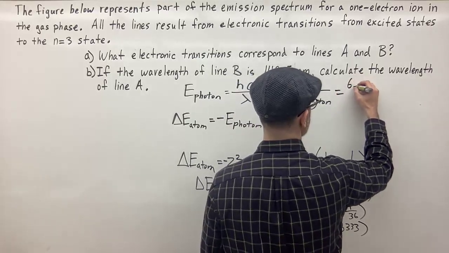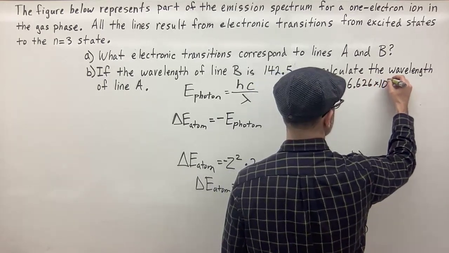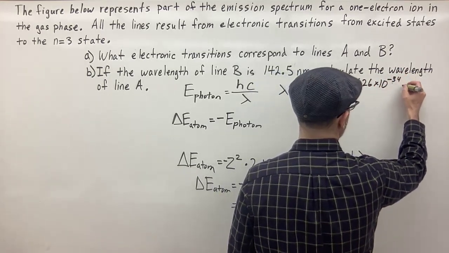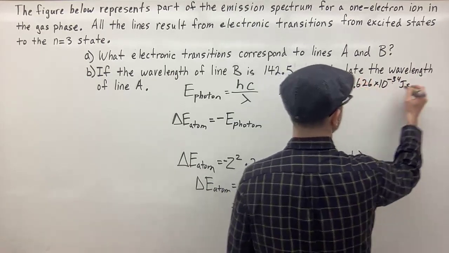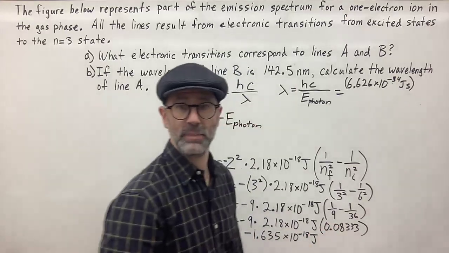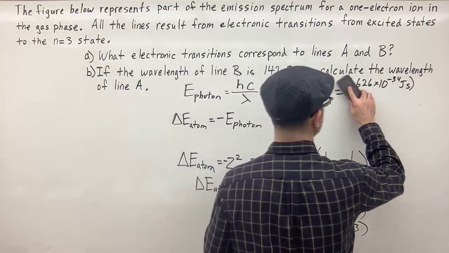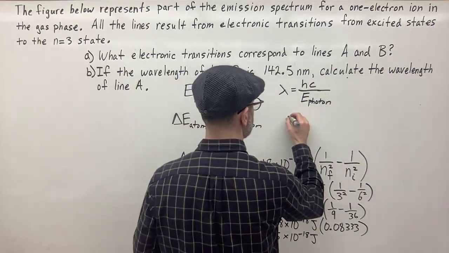So we're going to put in 6.626 times 10 to the negative 34, and that's joule seconds, multiplied by the speed of light. Here, let me do this down here so I have space.